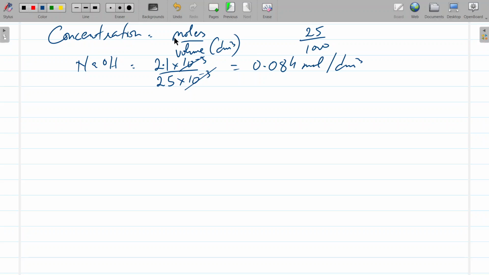And so the general formula for titrations, I'll write that out in black.